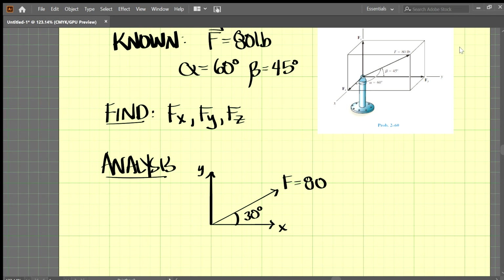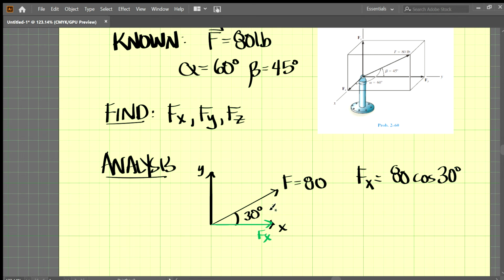And if we want to find the force vector along the x-axis, the x component of this would be something like this, Fx. I think you can see that to do that, we would say Fx is nothing other than 80 cosine 30 degrees.